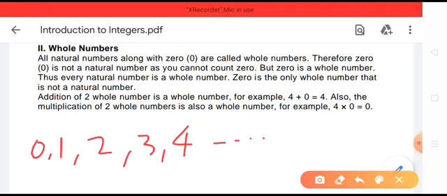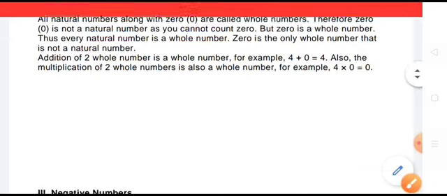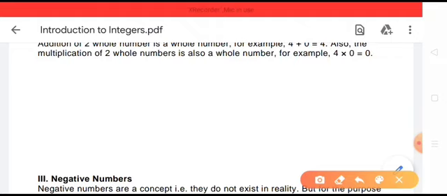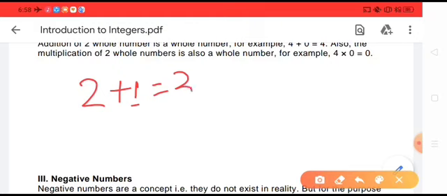Now we know about some properties. The first property is that the addition of two whole numbers is a whole number, like 2 plus 1 is equal to 3.